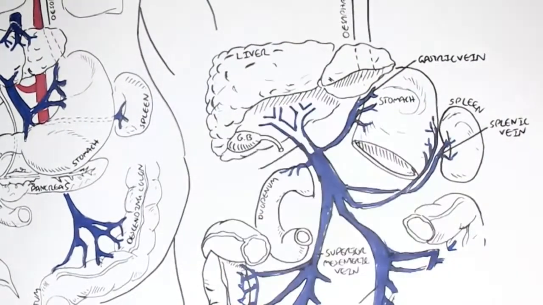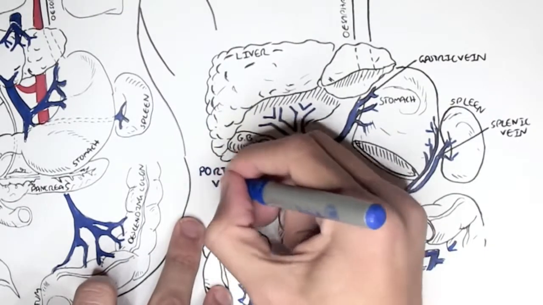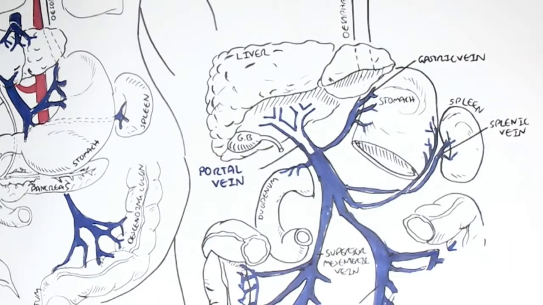So all these veins will join to the portal vein, which will not only provide the liver with deoxygenated blood, but will provide the liver with nutrients for processing. Because the veins leaving the intestines, for example, are absorbing nutrients after we eat.